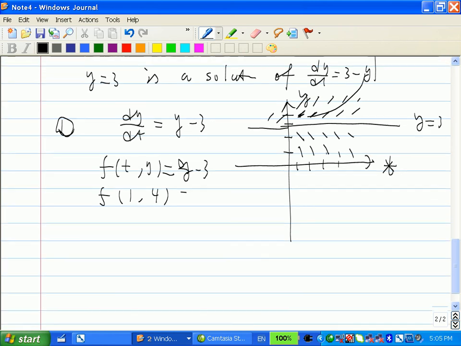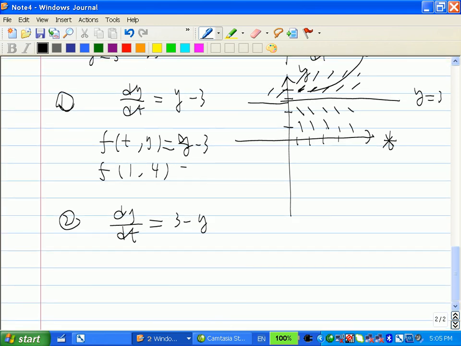On the other hand, for our second choice, dy/dt equal to 3 minus y. They both have something in common: they both have y equal to 3, this curve, as one of their solutions. Again, remember, we've got infinitely many solutions.